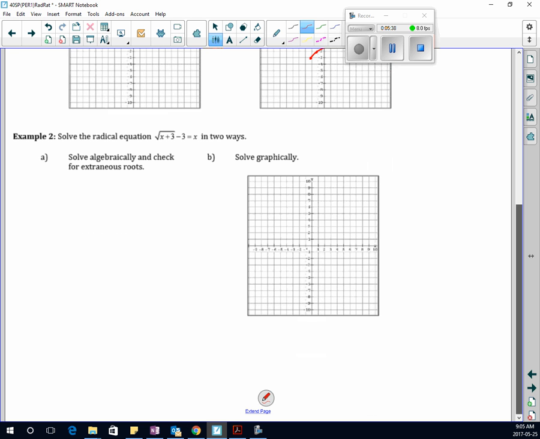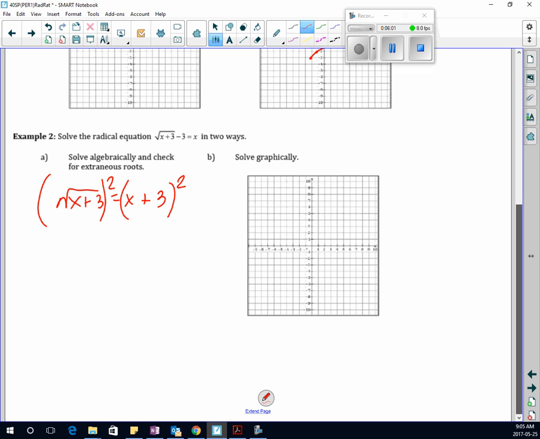Solve the radical two ways. So we're going to do this algebraically. So, do you remember how to do one of these algebraically? Yes, move 3 over. So square root of x plus 3 equals x plus 3. Yes? Then what? Then we square both sides.